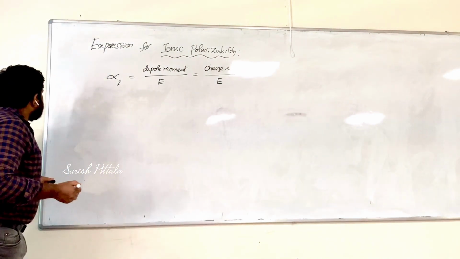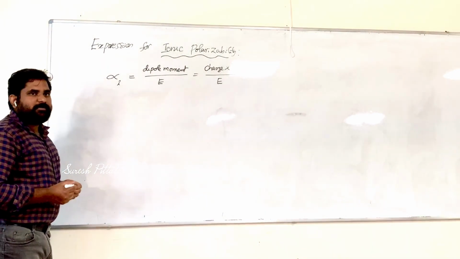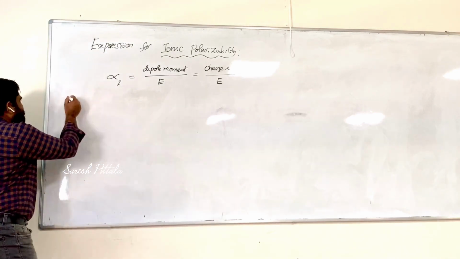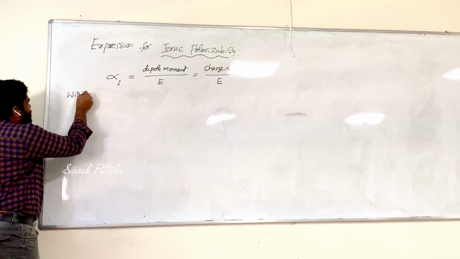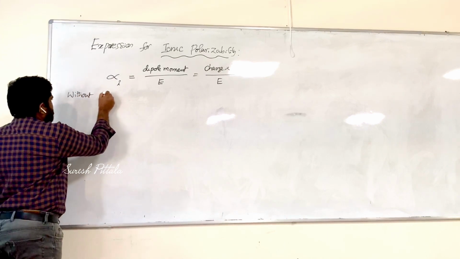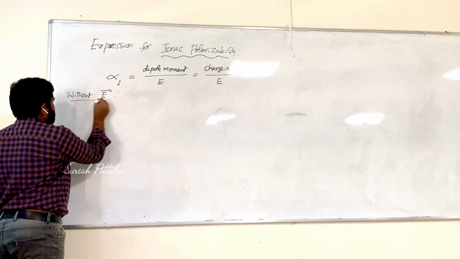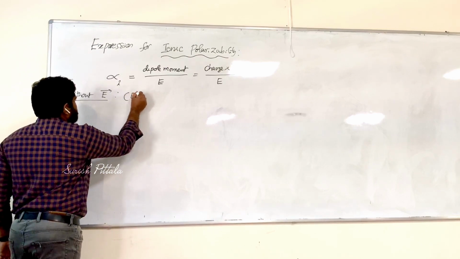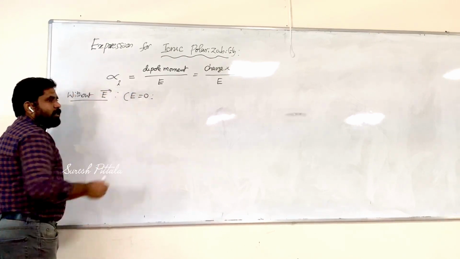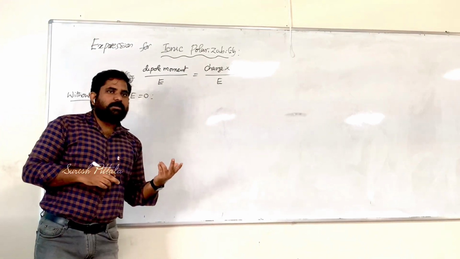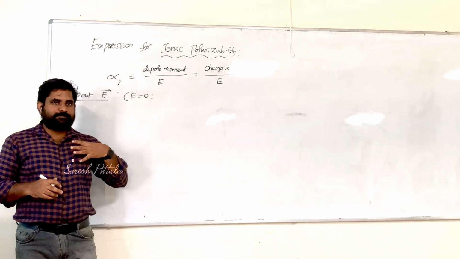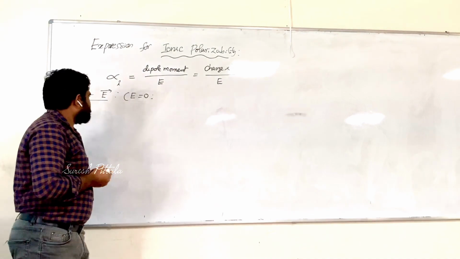Like in the previous expression, we will start with case number 1, without applying an external electric field, which means E is equal to 0. When E is equal to 0, by default you should know the polarization is 0.